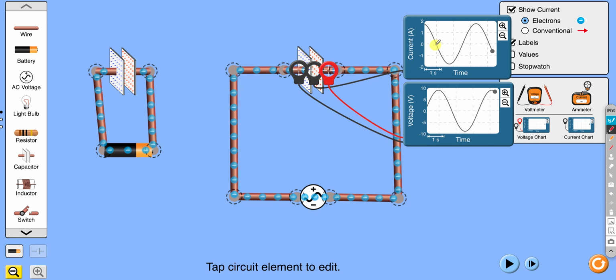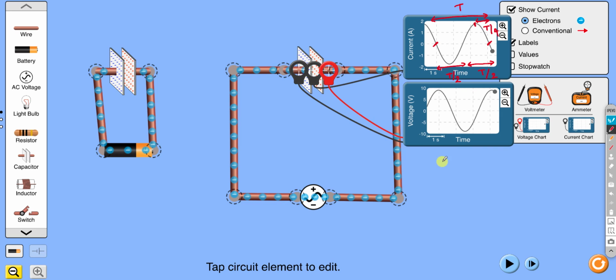Let me make some notes. As I said, from here to here, I have one period. Then from here to here, I have the period over 2, and from this 0 to that, I have the period over 2. Because when the current is at 0 the potential difference is at the peak, I'm interested in this time difference, which is T over 4, 1/4 of the period.